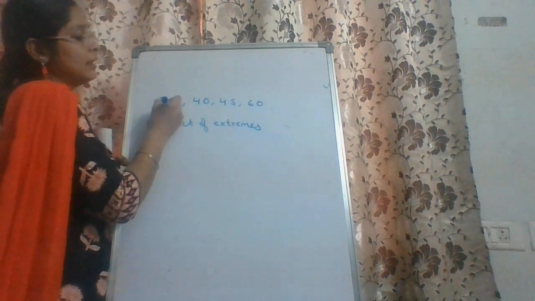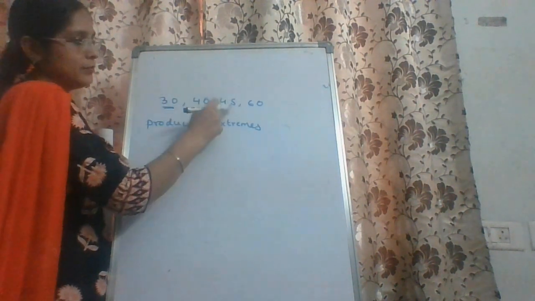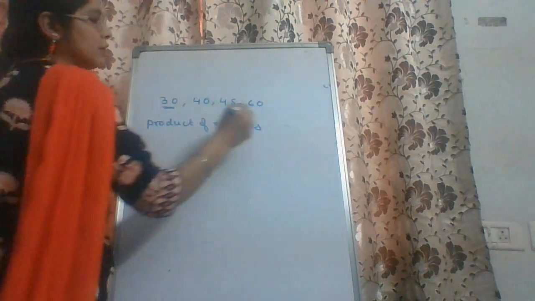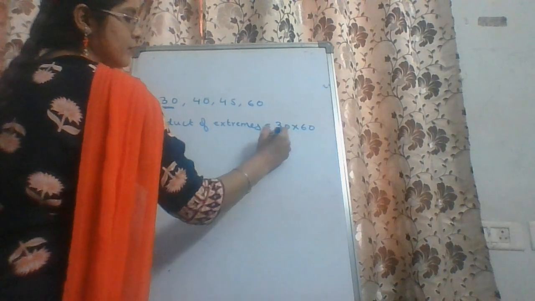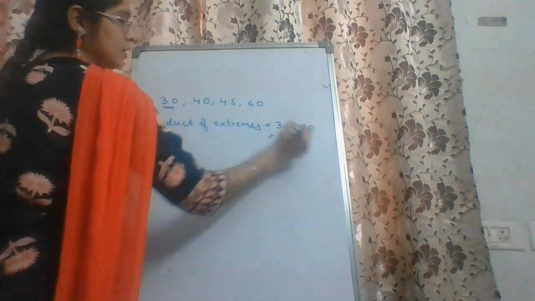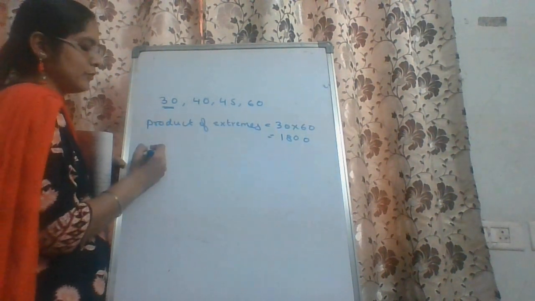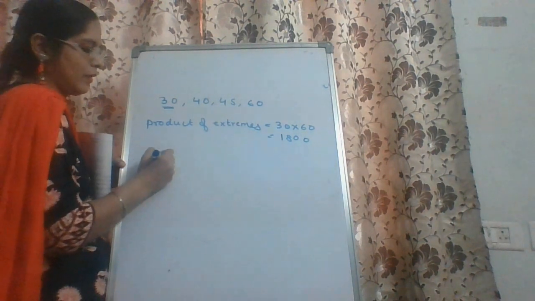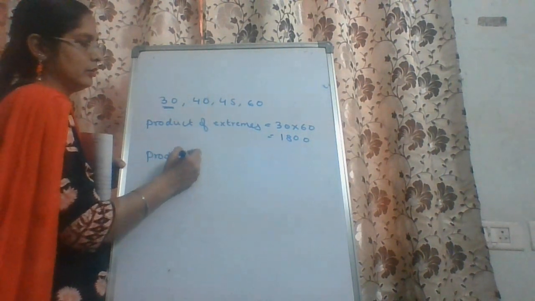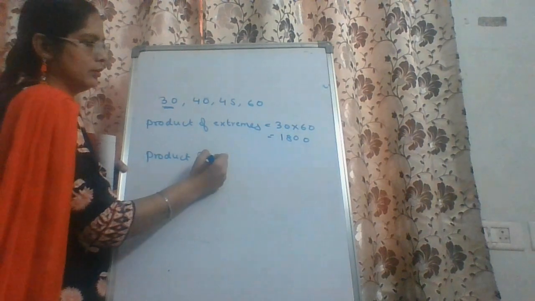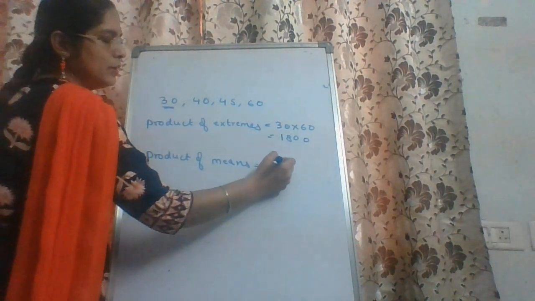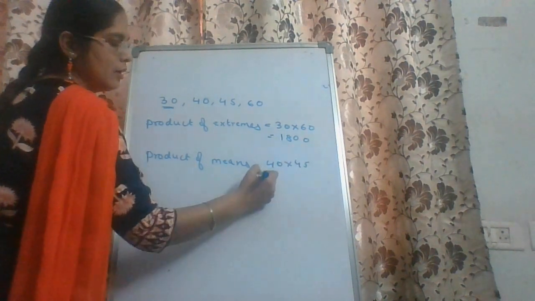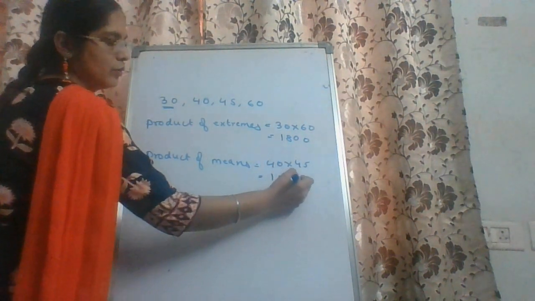This is the first term, second term, third term, fourth term. Product of extremes will be 30 multiplied by 60, which is equal to 1800. Product of means, 40 multiplied by 45, which is also 1800.